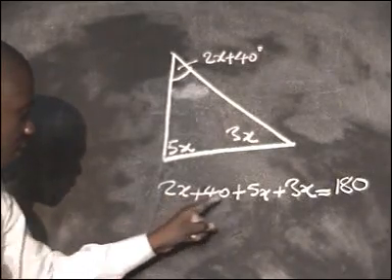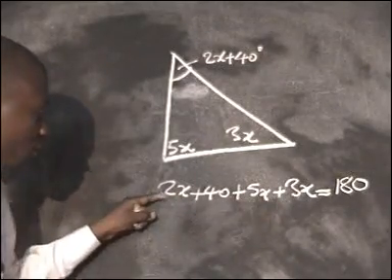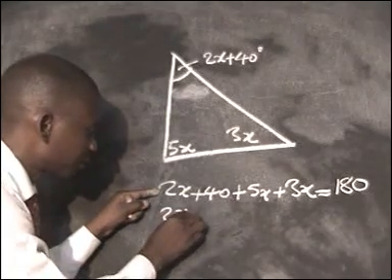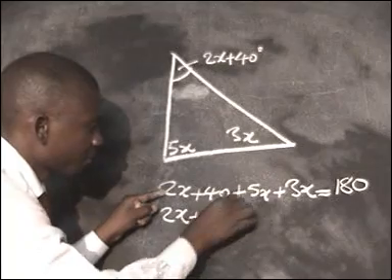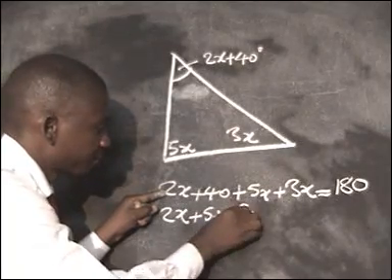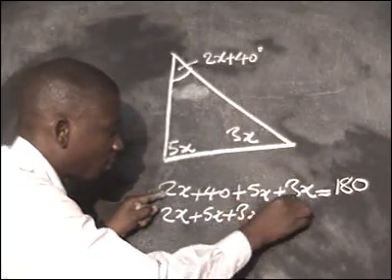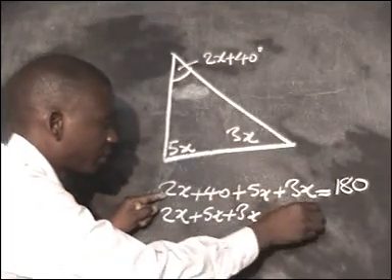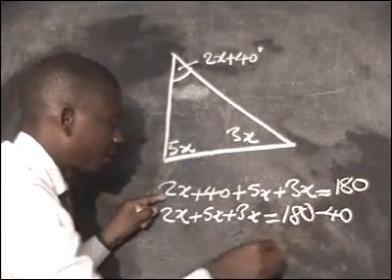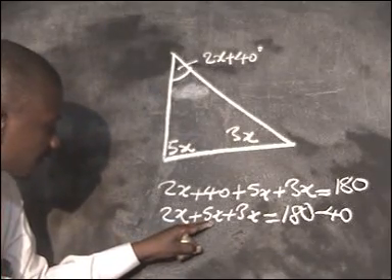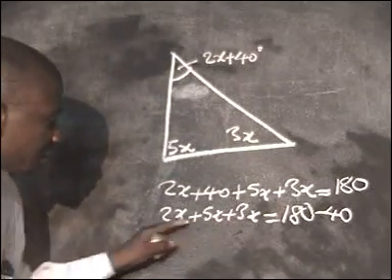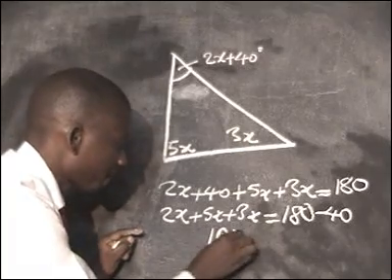This is 2x, this is 5x, and this is 3x. So I maintain 2x plus 5x plus 3x, and this is equal to 180. If this 40 crosses, it becomes minus 40. Then from there, 2x plus 5x is 7x, plus 3x, I get 10x.